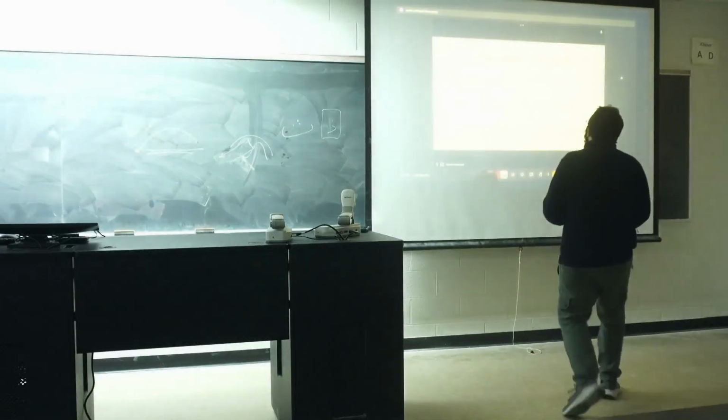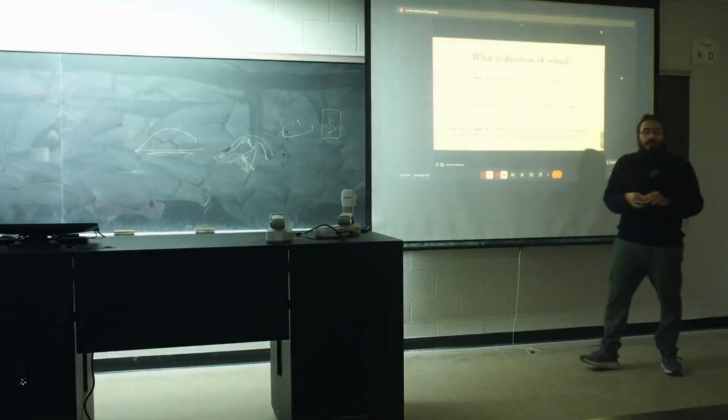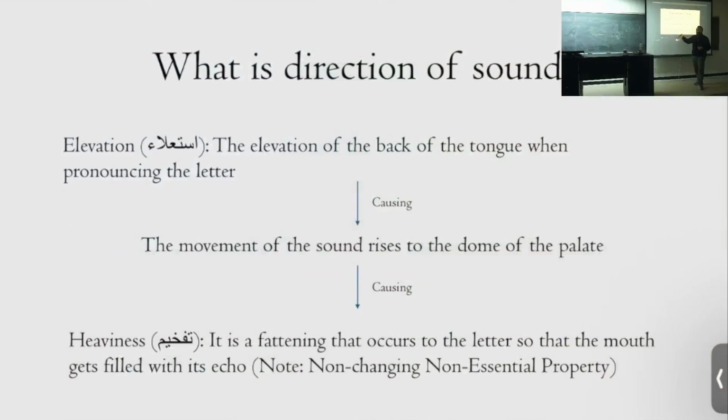Okay. So, a lot of people define isti'la in different ways. A lot of people use this definition, and a lot of people use that definition, and there is a way to combine them. So I'm gonna show you the way. So what is elevation? Elevation is the elevation of the back of the tongue when pronouncing the letter.